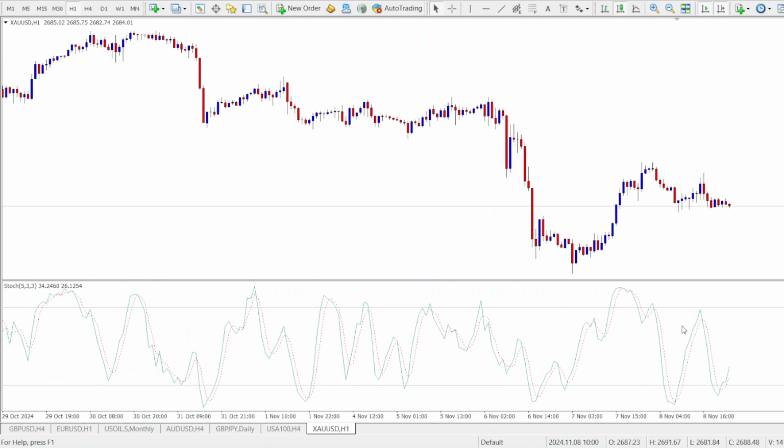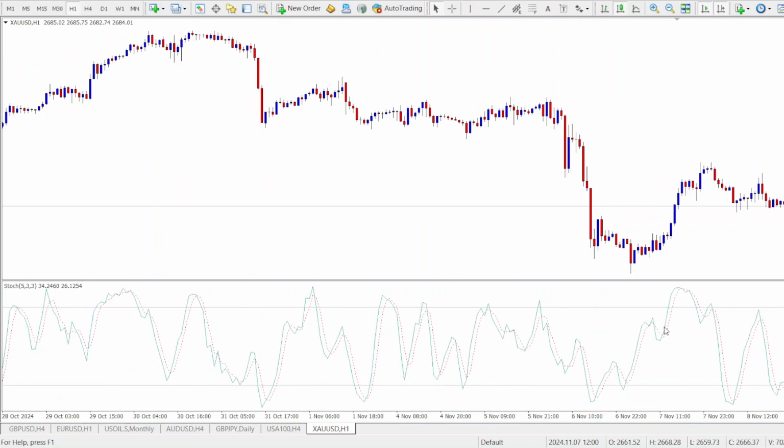Why? Because each market and time frame has its own unique behavior. The 1 hour chart moves faster than the daily or weekly charts, so the standard settings can sometimes give too many false signals on this time frame. So what we are looking for is a setup that helps smooth out some of that noise while keeping the indicator responsive to changes. So let us get to the core of this video.